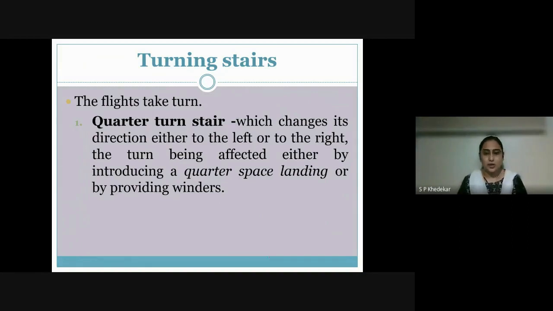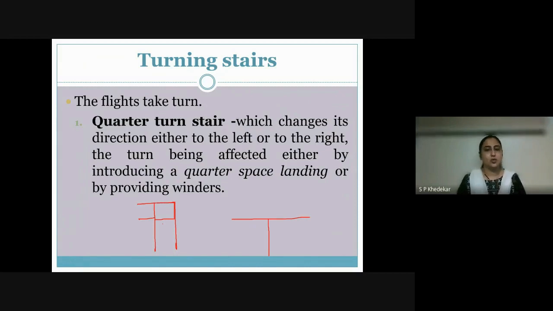Means what? If I am rising from here, this is my flight, and then I'm completely changing my direction either on the left side or on the right side. So suppose this is my staircase, and then I'm changing my direction here. This part which is forming over here is called the quarter part.